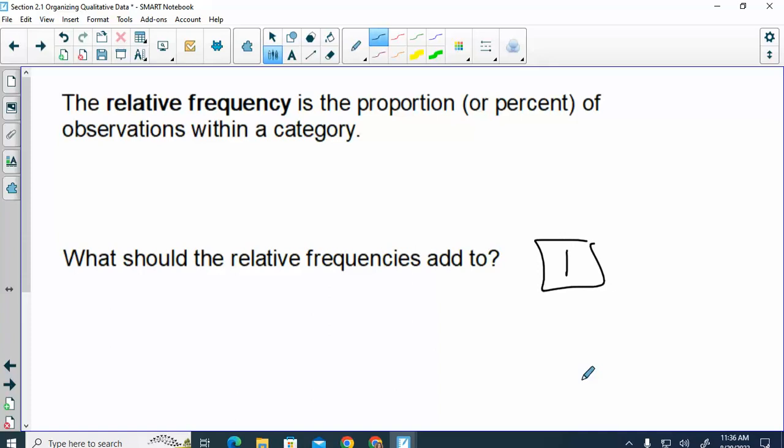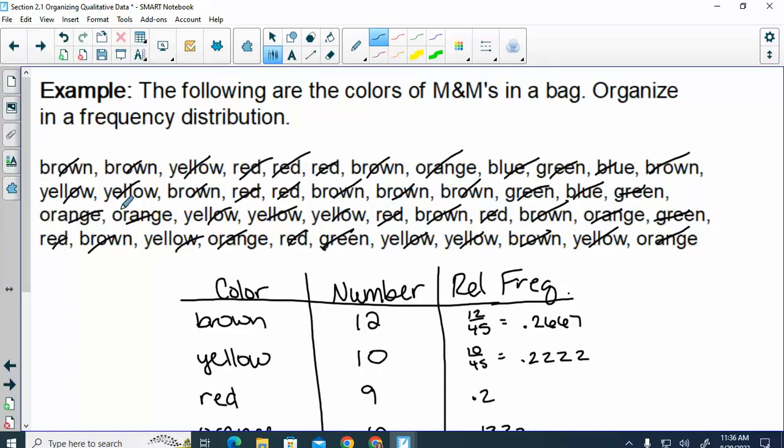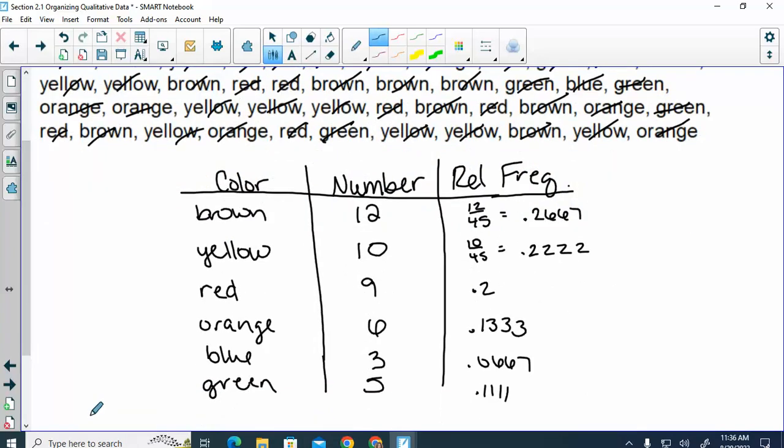Add ours up. Did it work? So if we add all of our relative frequencies, it did work out perfectly.